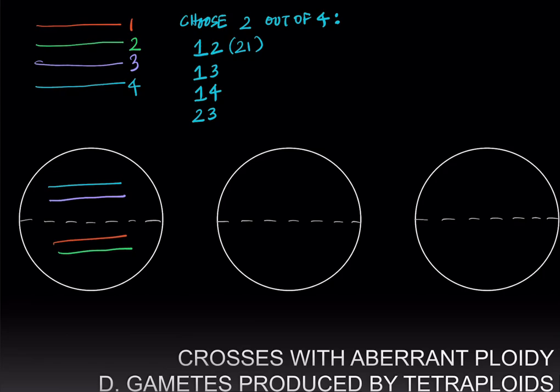Similarly, after 2, 3, I could pick 2 and 4, and then there is a last possibility, which is to pick 3 and 4. And you can see here that there are 6 ways, and all the 6 ways are equally likely. So they have all a probability of 1/6.